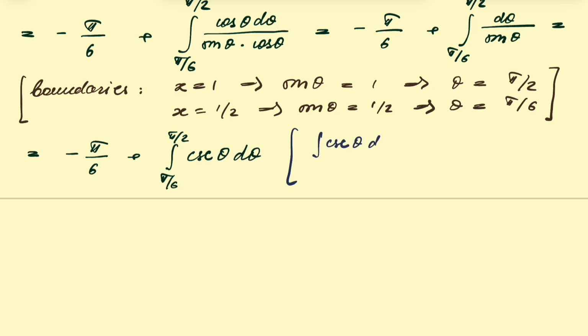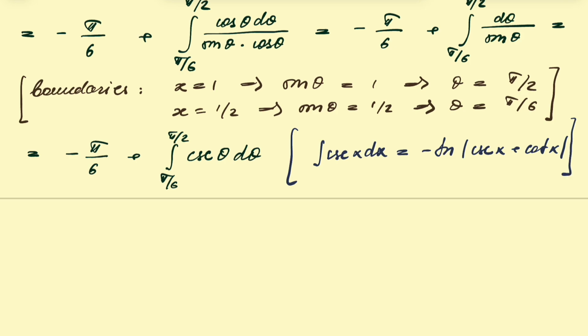of theta, well, let's write the integral of cosecant of x dx is equal to minus ln of cosecant x plus cotangent of x. I'll probably make a video computing this integral of cosecant of x, but this is a standard integral. Perhaps some of you should know this to not lose time in deriving it.